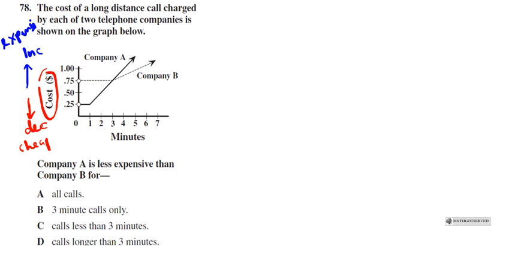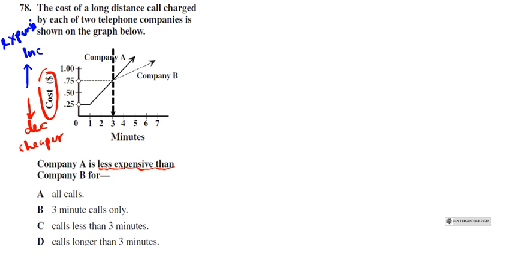Okay. All right. So they said company A is less expensive than company B. The question is, where is company A below company B? So anywhere that company A is below company B, that's where it's cheaper. So we notice that there's an intersection here. Okay.